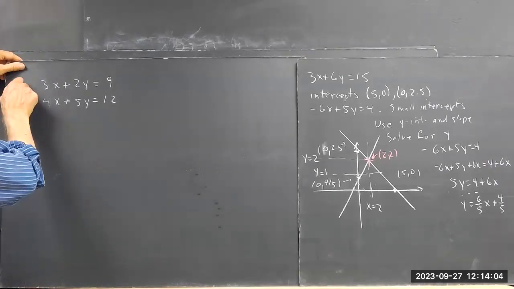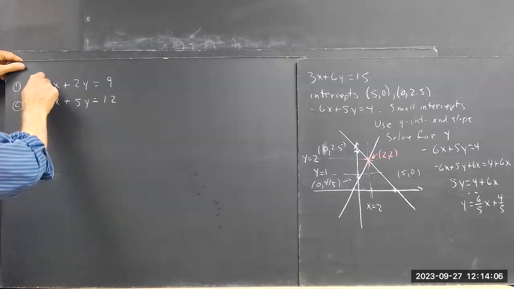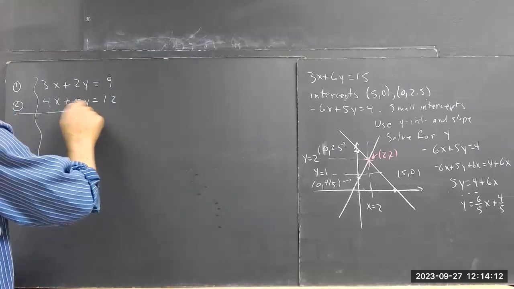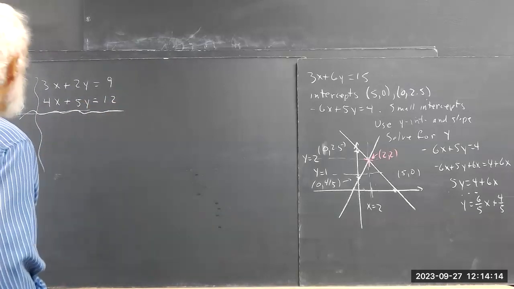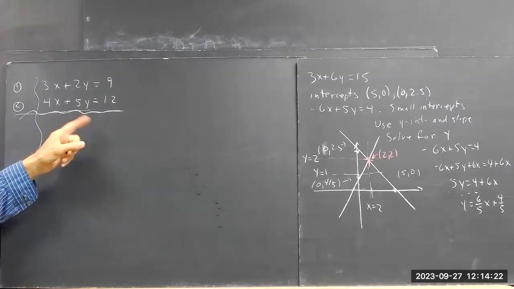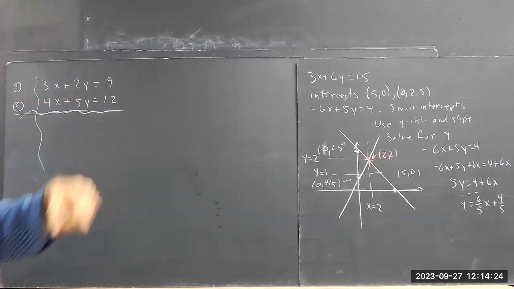So here's equation 1, here's equation 2. I'll just illustrate what we do. What do you want to eliminate? X or Y? Point this way for X, point that way for Y, doesn't matter.